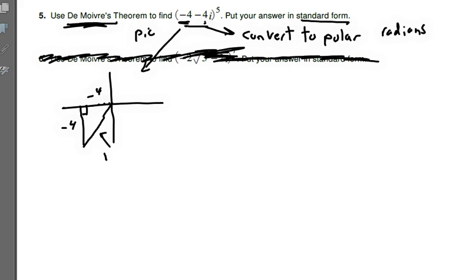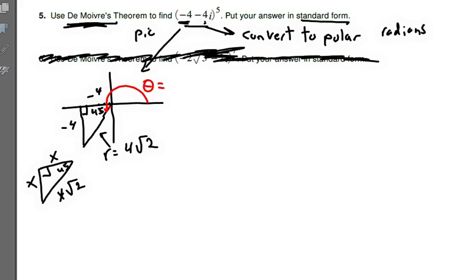And theta ref there, since we know that this is a right angle with two legs the same, this is an isosceles right triangle. And so the hypotenuse here is going to be 4√2, based off our recollection of the 45, 45, 90 triangle being x, x, and x√2 for the hypotenuse. If we're looking for that actual angle theta, we know that would be 180 plus 45, or we can look at the unit circle and realize that the third quadrant angle is 5 pi over 4.